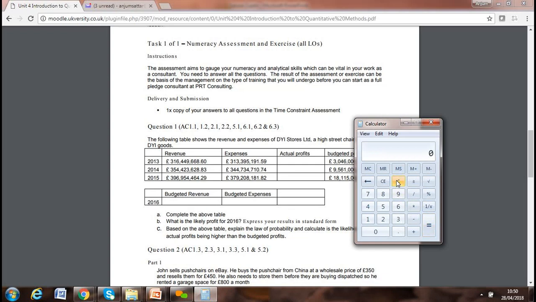So just one second, I'll do it again. We just need to calculate the trend. That trend will help us, so the future trend.